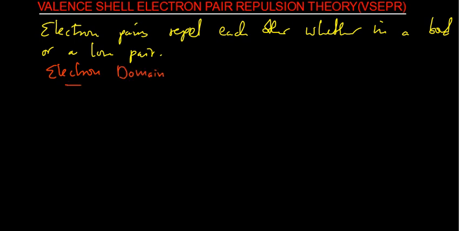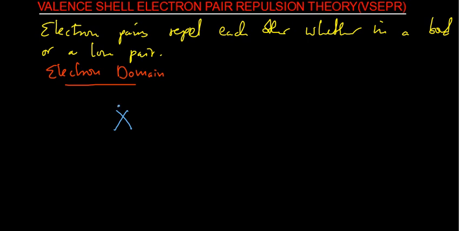So what is the electron domain? An electron domain is a concerted group of electrons occupying the same general volume of space around an atom. So if you have got an atom, the electrons occupying the same general space around that atom is what we call the electron domain.